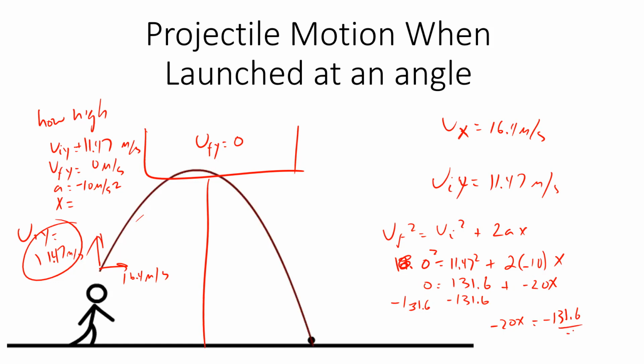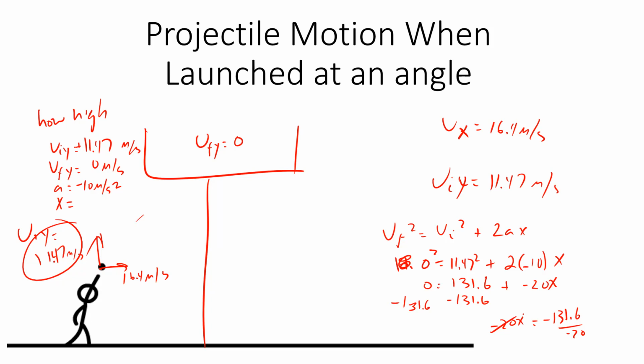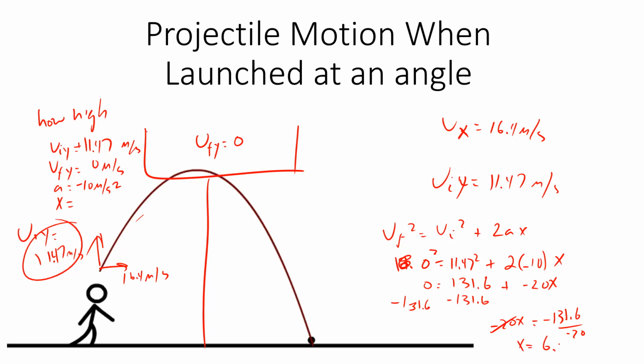When you divide both sides by 20, you'd get 131.6 divided by 20. I took out the negatives because they cancel each other out. So this ball will get to a total height of 6.58 meters.